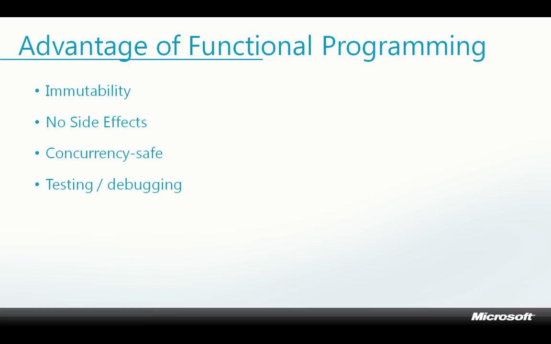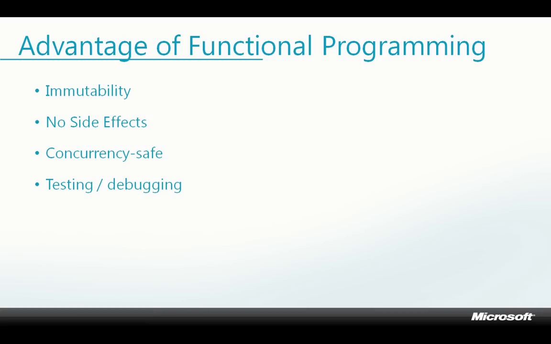If code is being accessed in parallel, it's very important to make that code concurrency safe so that one thread won't change a value in a way that causes problems for another thread. It's also concurrency friendly because functions with no side effects, functions that are self-contained, can often be executed in any arbitrary order, and that makes it easier to parallelize them.